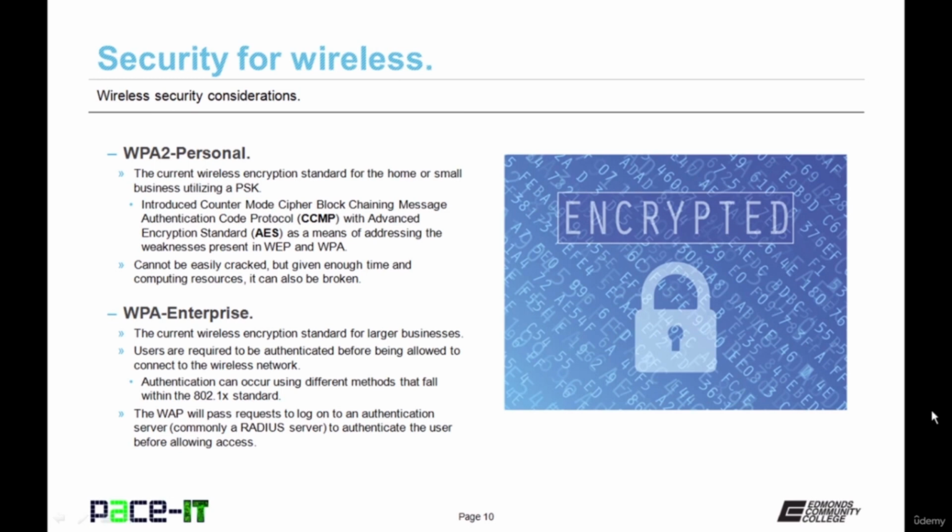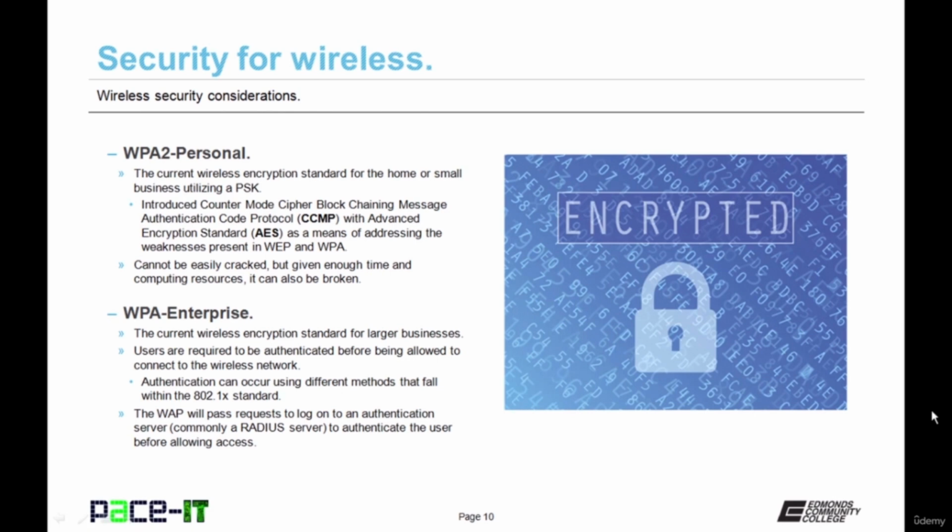WPA2 Personal introduced Counter Mode Cipher Block Chaining Message Authentication Code Protocol with Advanced Encryption Standard, so that would be CCMP with AES, as a means of addressing the weaknesses present in WEP and WPA. It cannot be easily cracked, but given enough time and computing resources, it can also be broken. But you can still consider it a secure encryption standard for the home or small office.